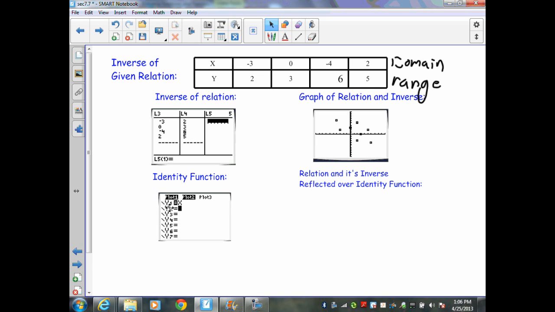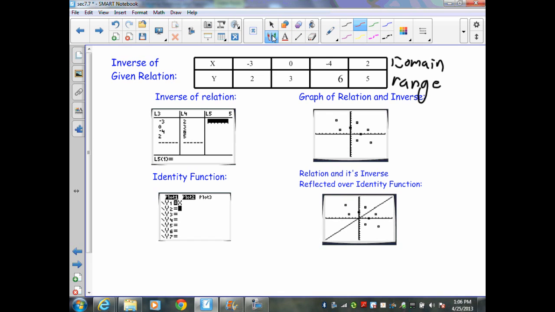Interestingly, if I plot the identity function, which is y equals x, on the same coordinate plane, I can see the reflection of the relation over the identity function is the inverse. And you can see they map exactly over my identity function.